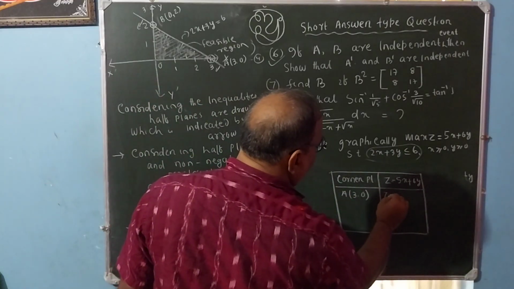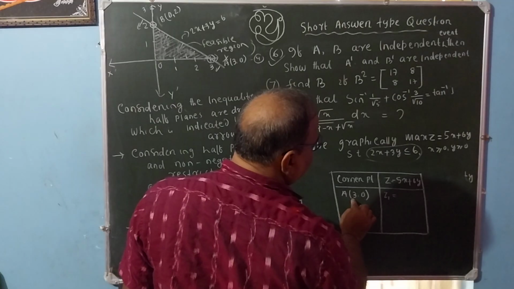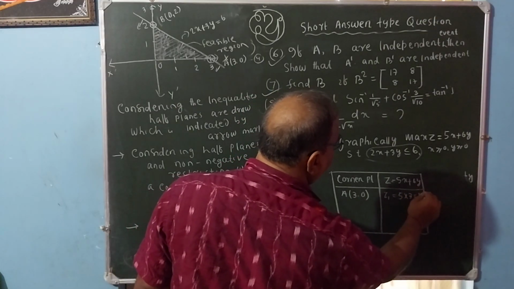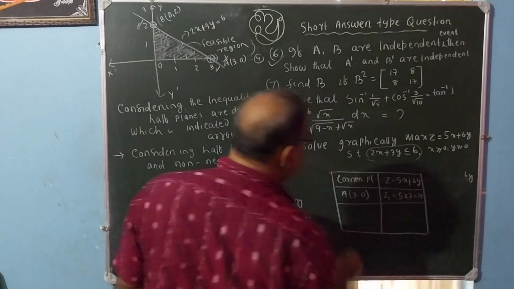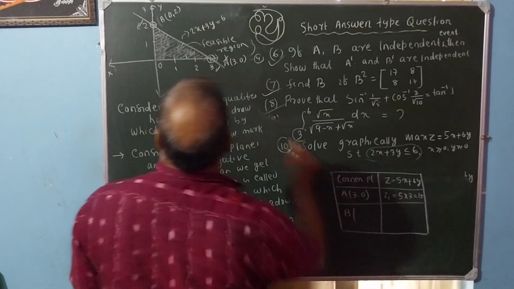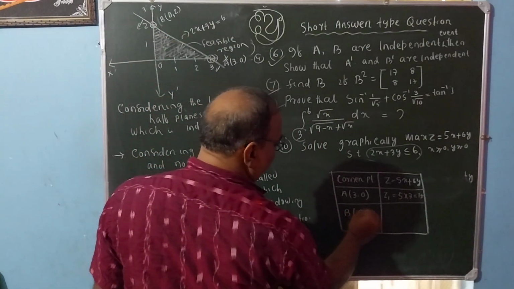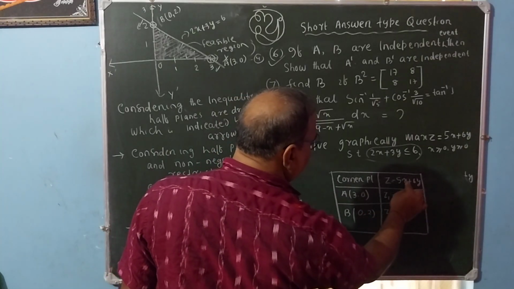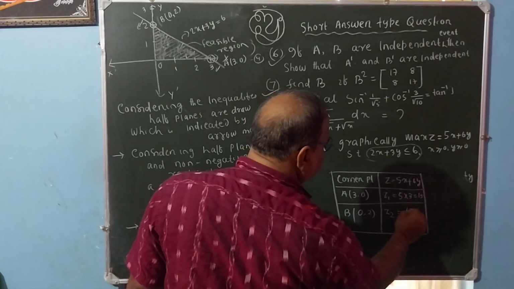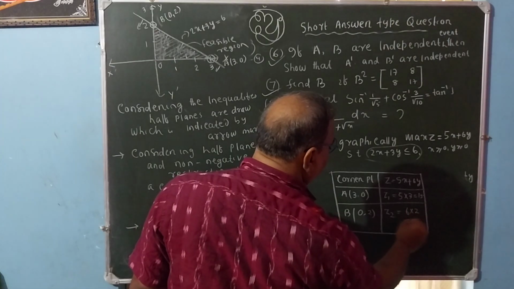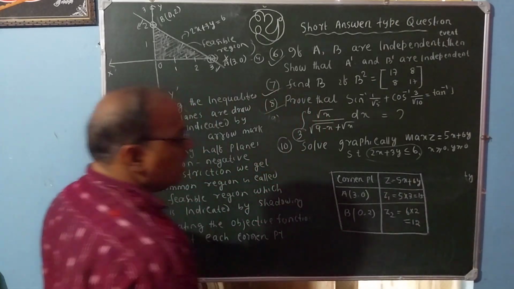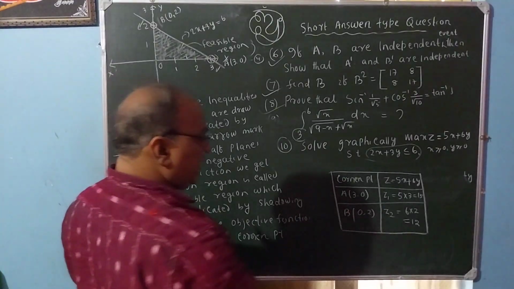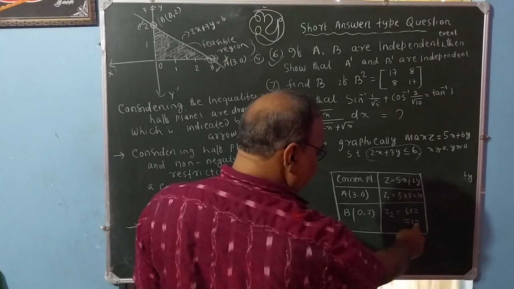Now, at A, 3, 0. So Z1 is equal to 5 times x, 3, y, 0: 5 into 3, that is 15. Okay? B, 0, 2. Here it is Z2: 6 into 2, that is 12. Okay? Our aim is to find out the maximum Z. So here it is 15, here it is 12.